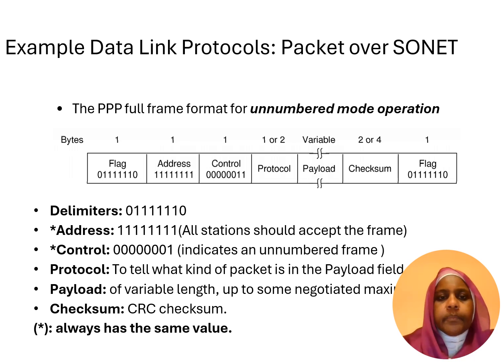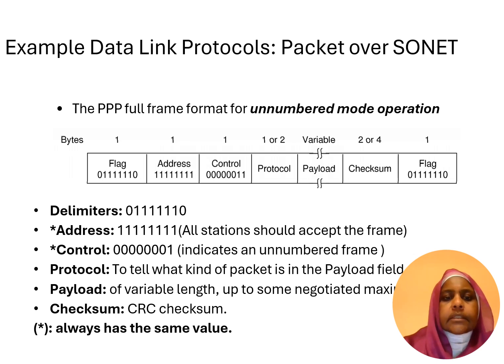The point-to-point protocol frame has two flags to indicate the beginning and the end of the frame. It has an address field that is always set to all ones to indicate that all stations have to accept the frame. A control field that is always set to 00000011 to indicate that this is an unnumbered frame, and a protocol field to tell which protocol the payload is carrying, whether it is IP, LCP, or NCP.